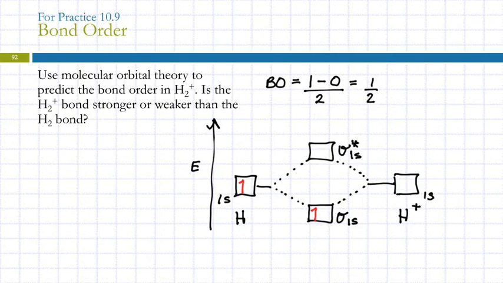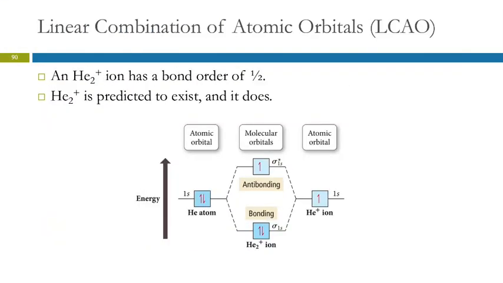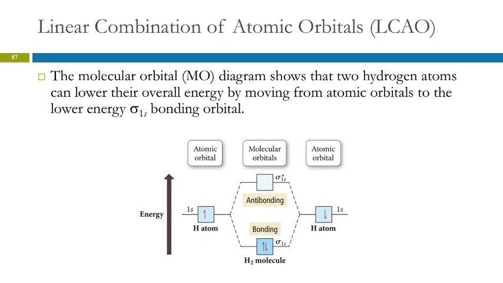And then the next question, is this bond stronger or weaker than the H2 bond? Well, let's go back and look at the H2 bond. Here's the H2. What was its bond order? 1. Because here we have 2 electrons in the bonding orbitals and 0 in the antibonding, divided by 2, and so here the bond order is 1.